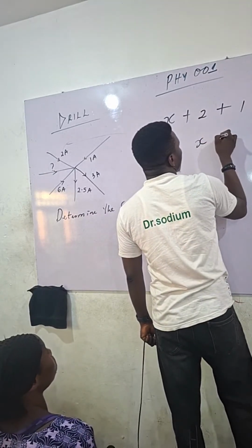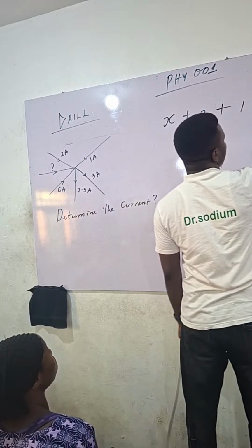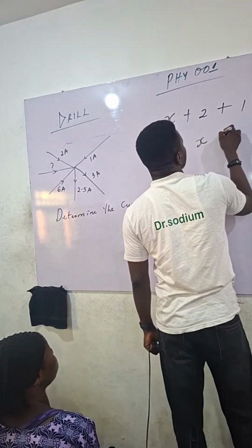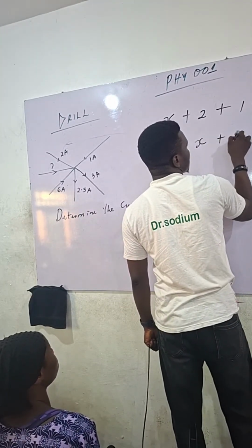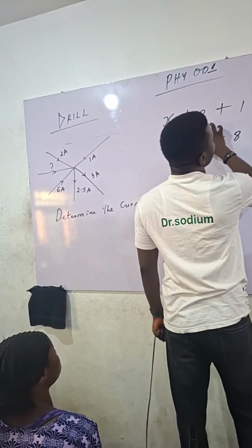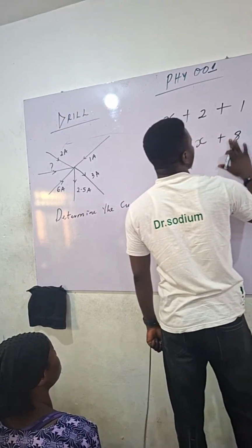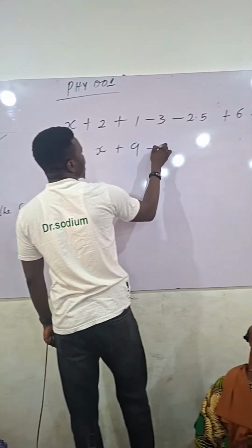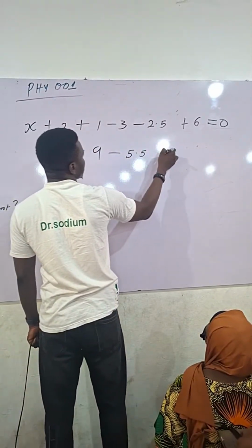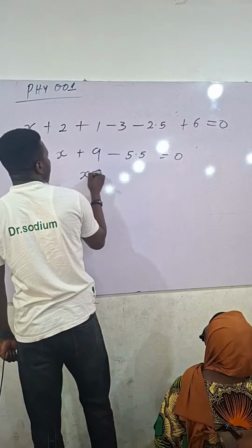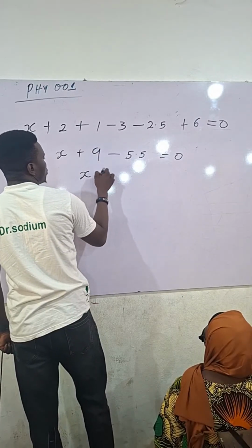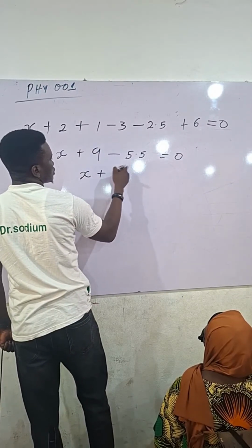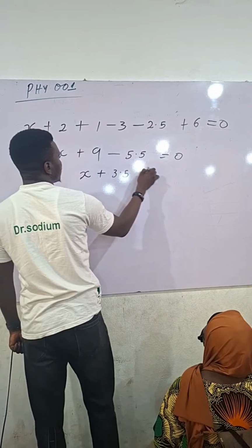So if you do your maths, that's 8. So x plus 8, 2 plus 6, okay, there's 1 here. 9 minus 5.5. So that means x plus 3.5 is equal to 0.